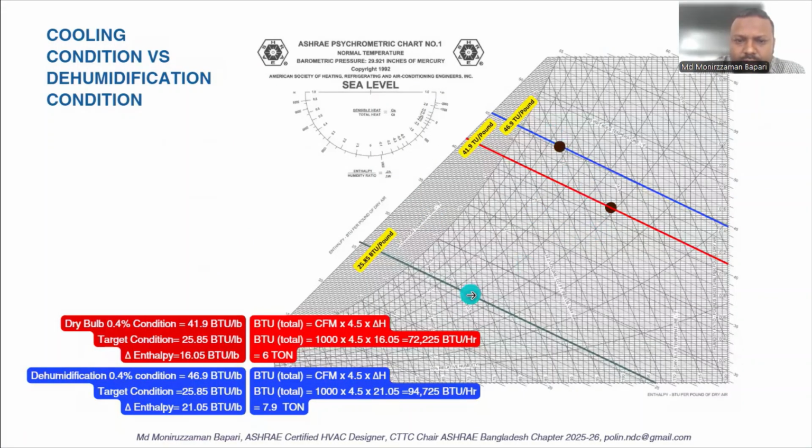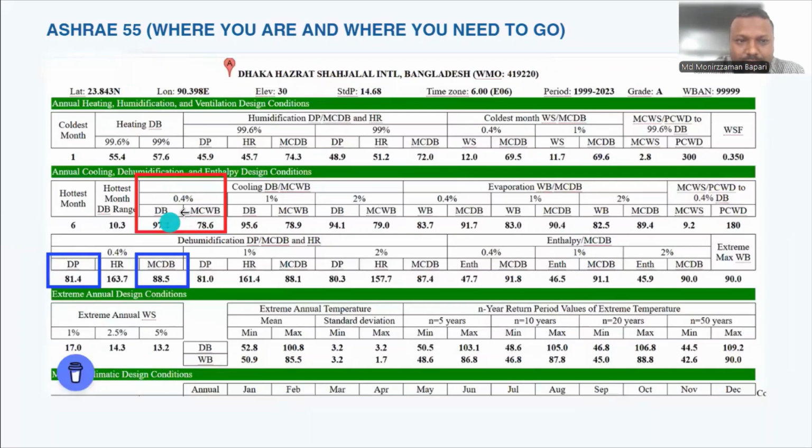Three important points. This first point at the bottom is the room desired condition, and as we find, the enthalpy is 25.85 BTU per pound of dry air. The red line here, this point, is the dry bulb at 0.4% probability, the cooling condition we have just seen earlier.